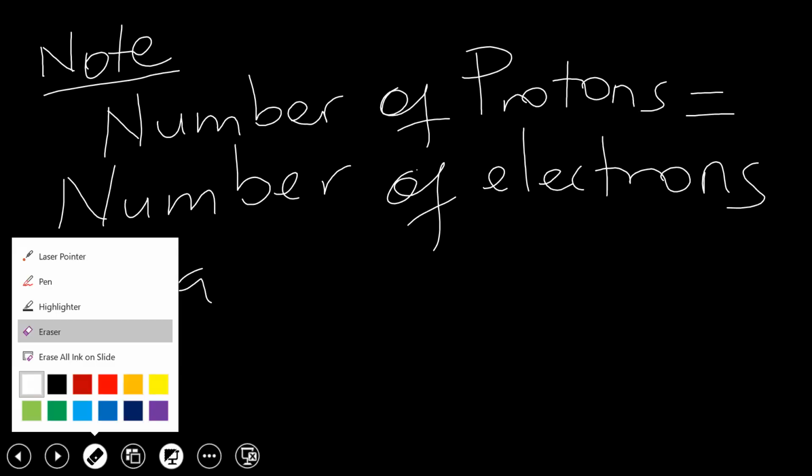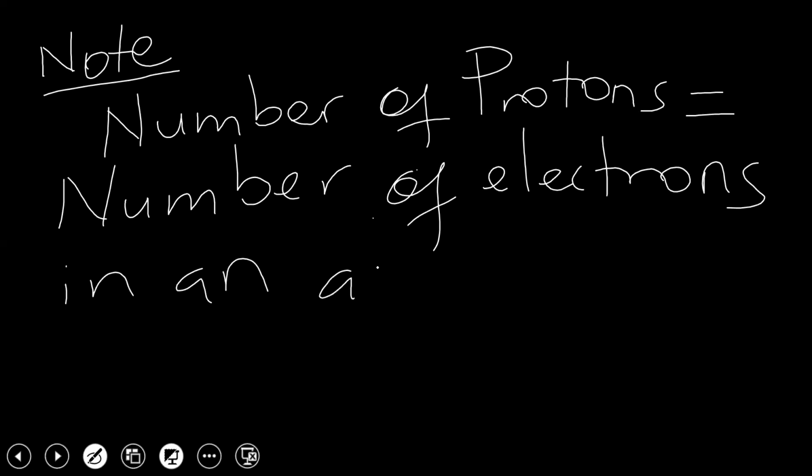This is very important. Always the number of protons is equal to the number of electrons in an atom. Of course, an atom is neutral. There's no need of adding the word neutral. An atom is always neutral. So in an atom, the number of protons is always equal to the number of electrons. That's very important. I hope you finished noting that.